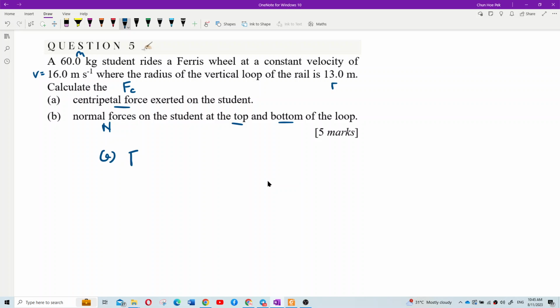So what is the formula for centripetal force? mv square over r. So 60 times v, 16 squared, v square over r. R is 13. Okay, let's try. 60 times 16 divided by 13.